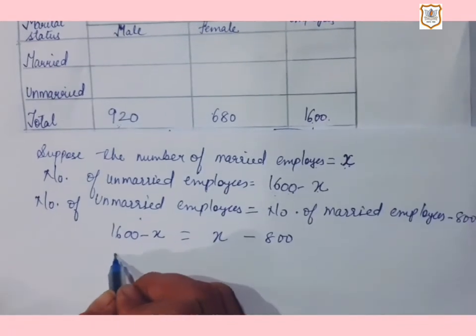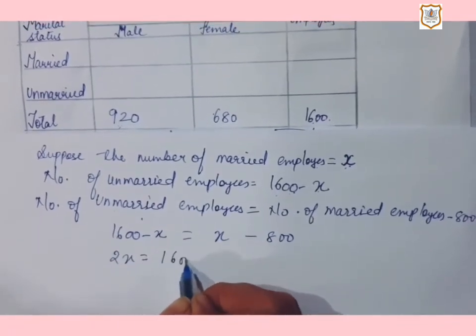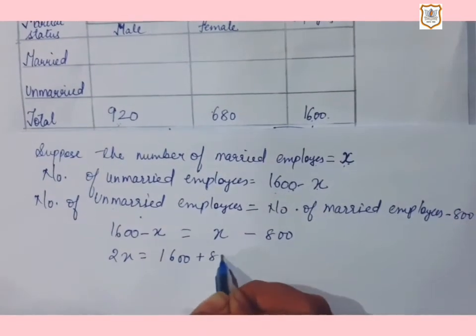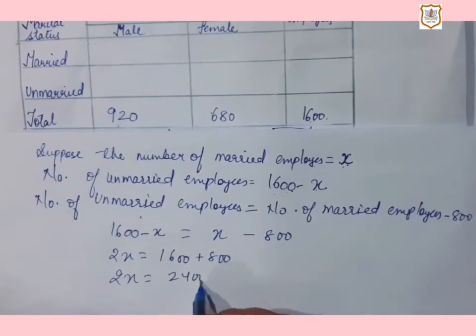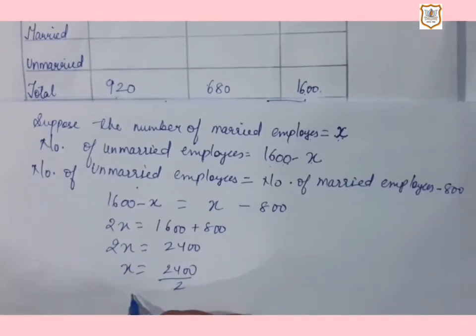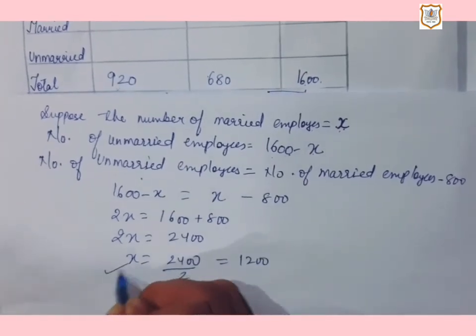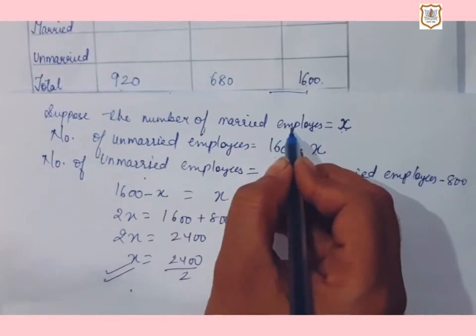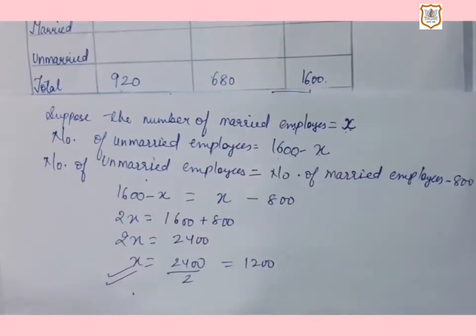Now if we solve this equation, we will get 2X is equal to 1600 plus 800. That means 2X is equal to 2400. That means X is equal to 2400 divided by 2, and that becomes 1200. So X is what? The number of married employees. So the total number of married employees is 1200.